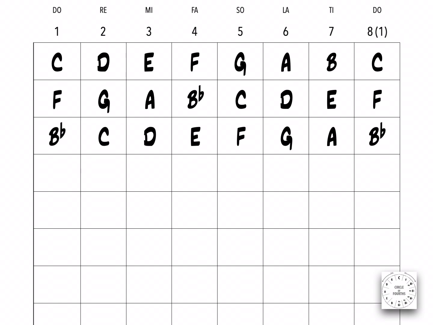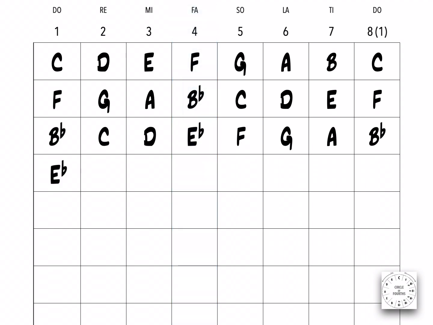Then, by our rules, we look at the fourth letter of the scale, which is E, so we turn that into E flat. And that's how we get the 2 flats in the B flat scale.